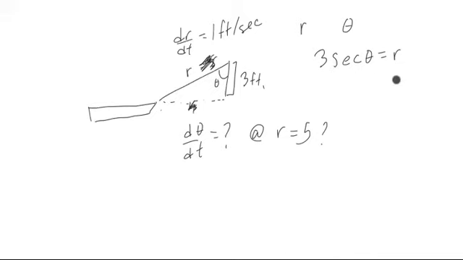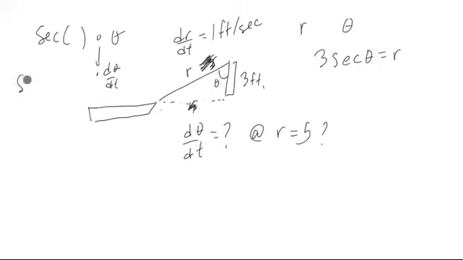Okay, now from here, since we have an equation that relates r and theta, we can take a derivative with respect to t, thinking of r and theta both as functions of t. We'll use a chain rule right here because this is secant of theta, so multiplication by d theta dt in the end.